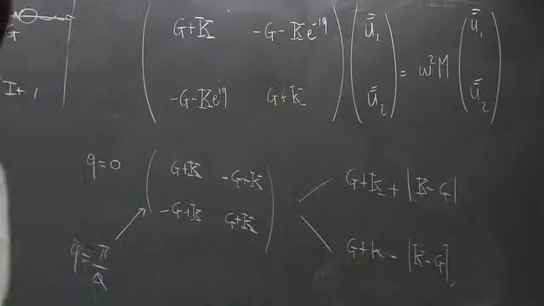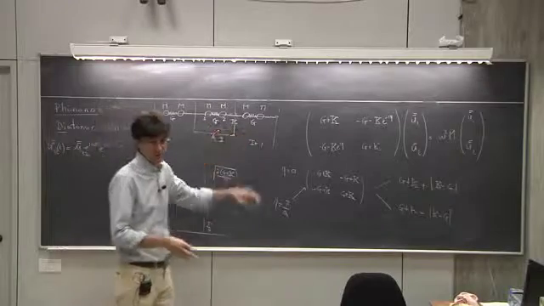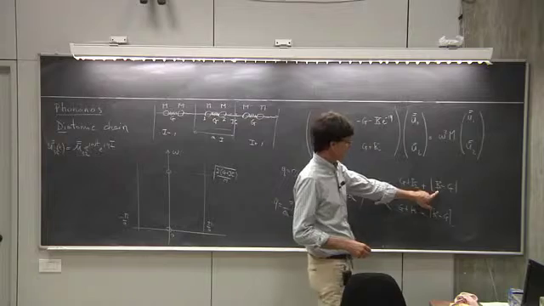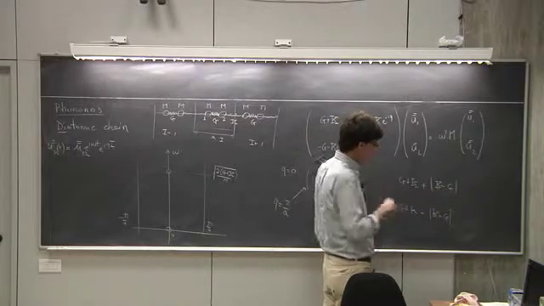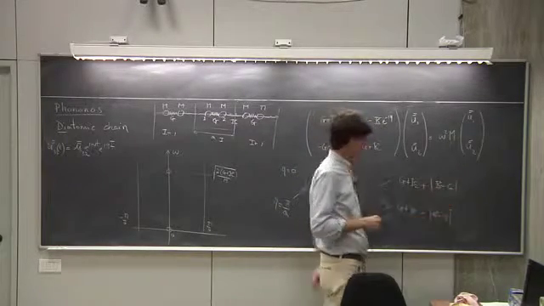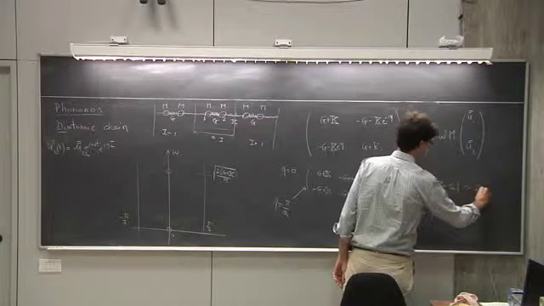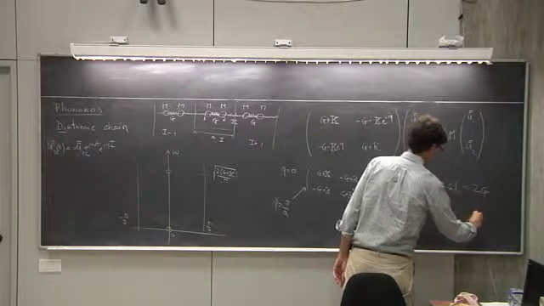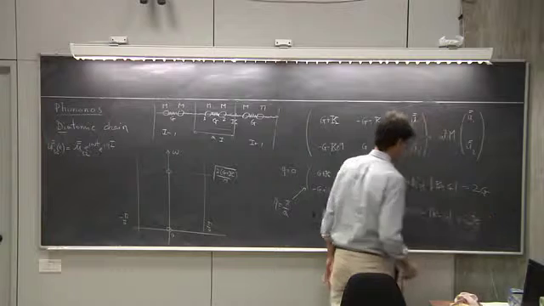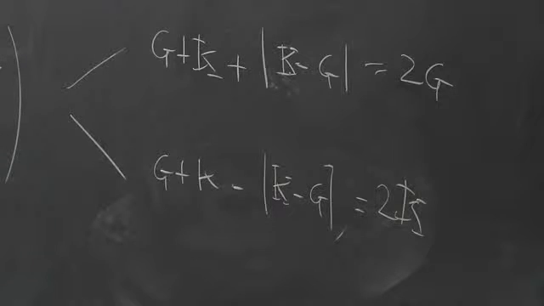But I assume that g is larger than k by definition, by construction. So this is g minus k, actually. So this is equal to 2g, and this is equal to 2k, right? Because g is larger than k.